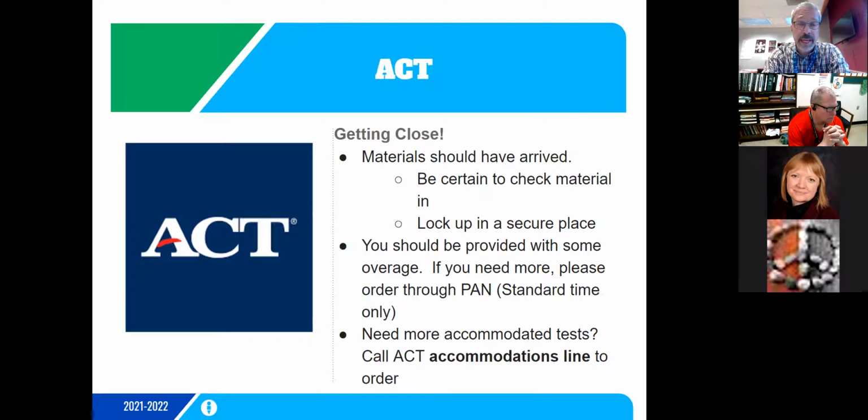Don't go through Pearson Access Next. So please be working with your testing assessment coordinator on that to ensure that you get all the material that you need.